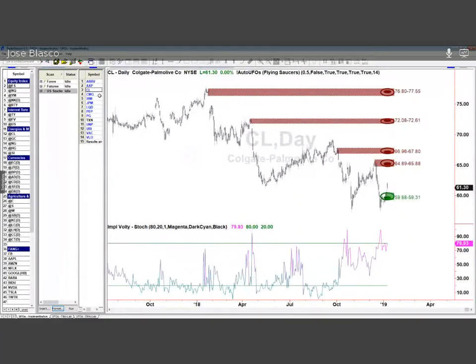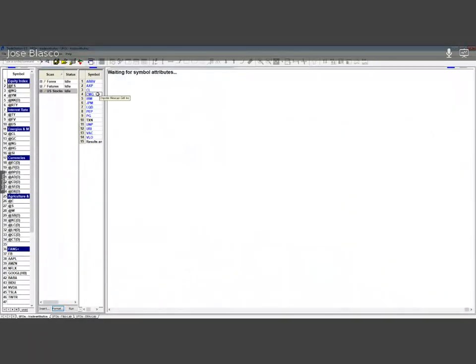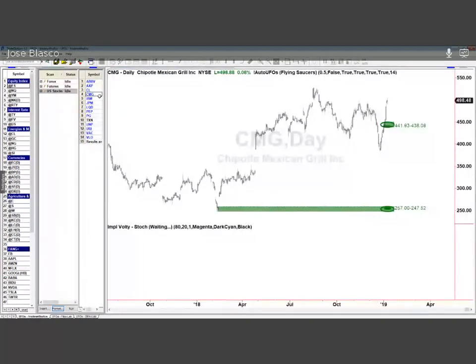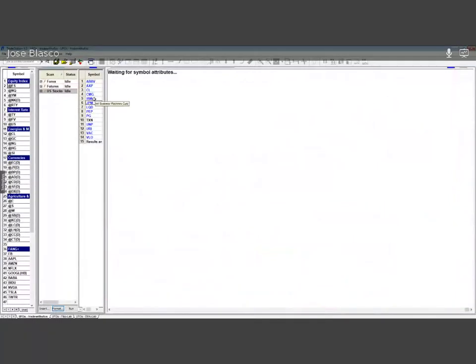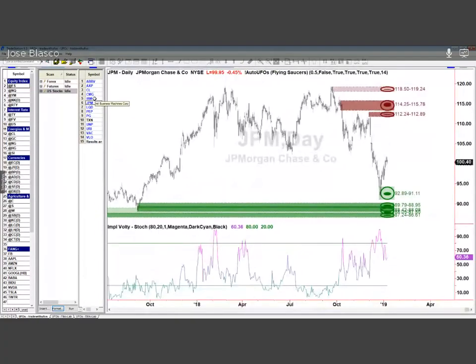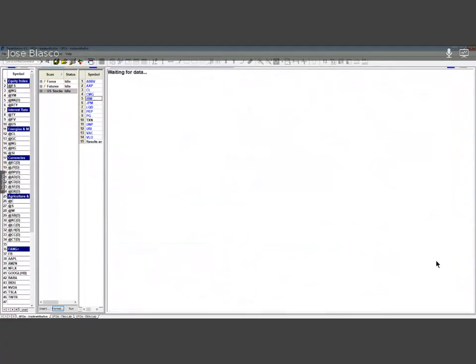If you look at Chipotle Mexican Grill, CMG, it is going to be in the purple as well. If you look at IBM, well, I just clicked on JP Morgan, it's going to be in the purple. If you click on IBM, it's going to be in the purple.